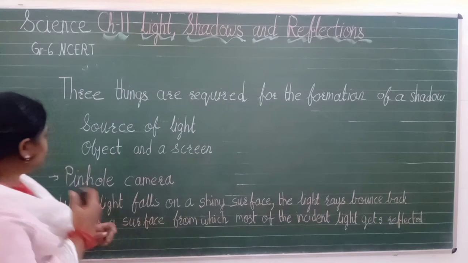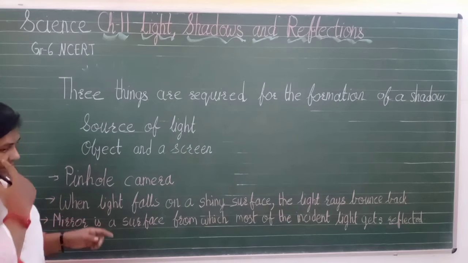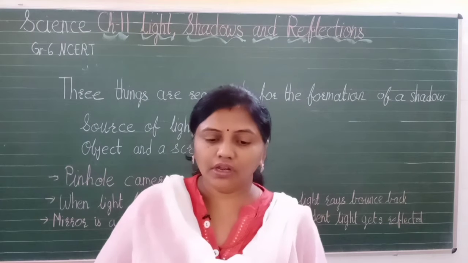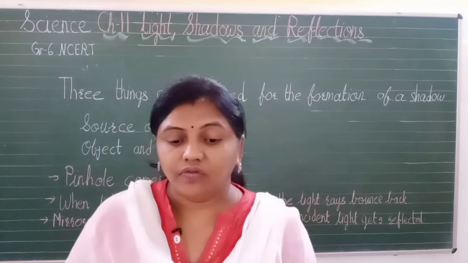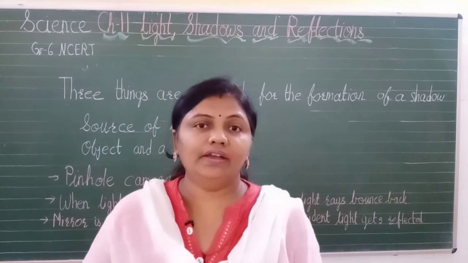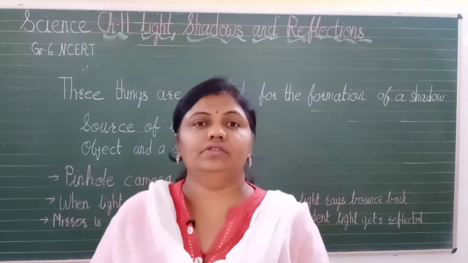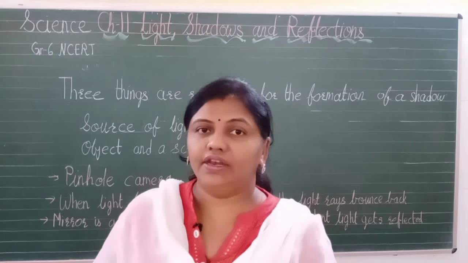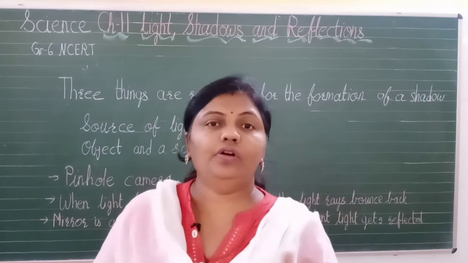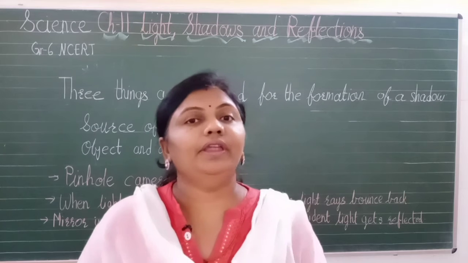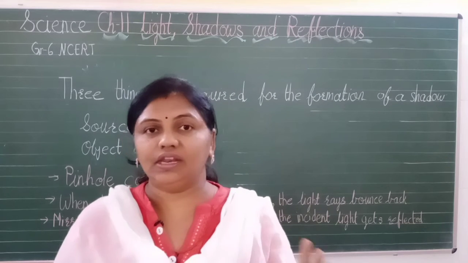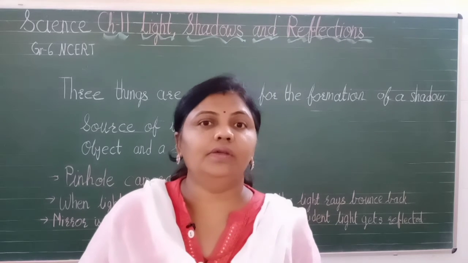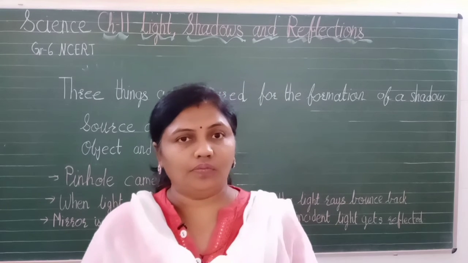Now, let us learn the pinhole camera. What is a pinhole camera? A pinhole camera works on the principle that light travels on a straight path. Light travels in a straight line, and on that principle the pinhole camera works. A pinhole camera is very inexpensive and very easy to make. You can even make one at your home.